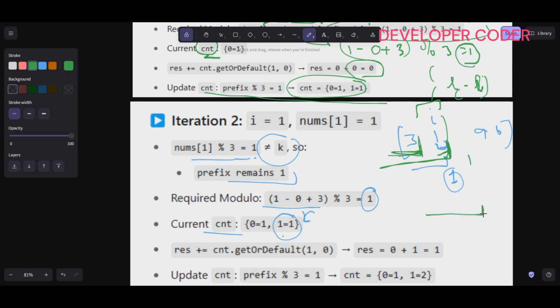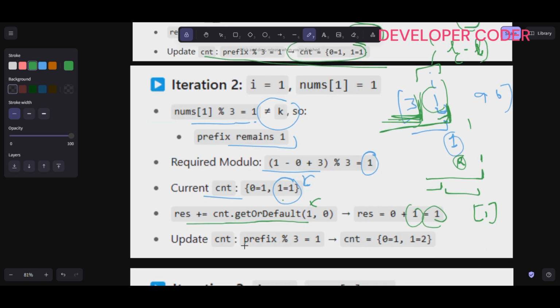Until here my prefix sum is 1, which is the right side boundary, and now I want to find the left side boundary, how many valid ones there are. Take this example, ending at this one and starting from this, this is going to be the left boundary. So in the result I use getOrDefault; 1 is already there one time, so I add 1. So 0 plus 1, the result is going to become 1.